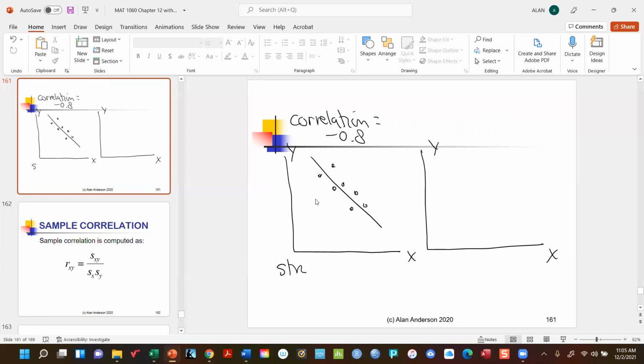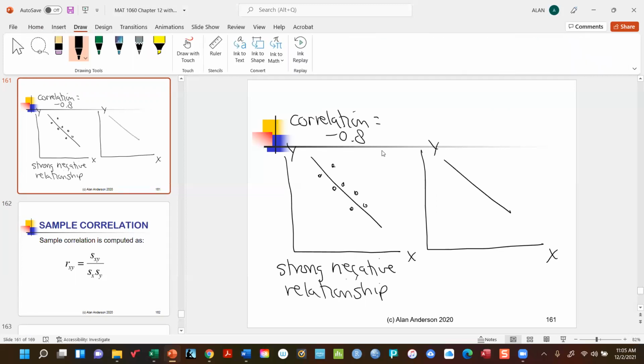This is a strong negative relationship. And then we might have something like this. Very negative, but very, very weak. All right, you get the idea.